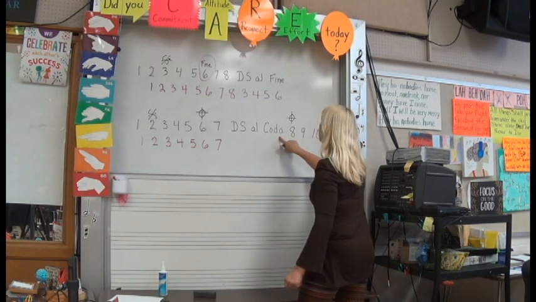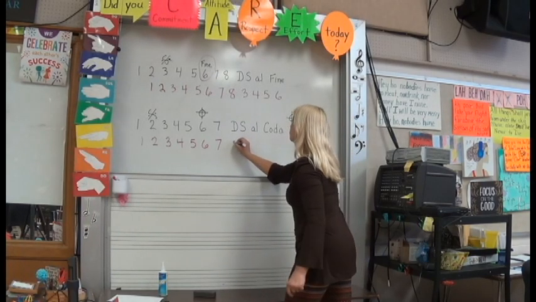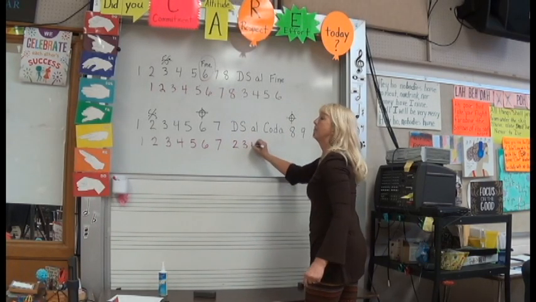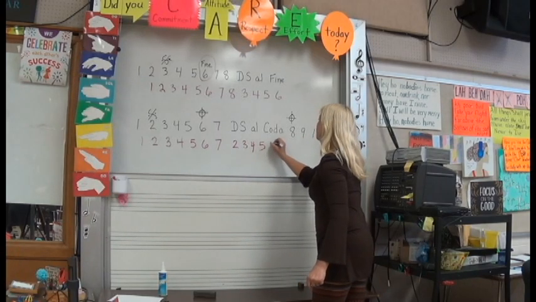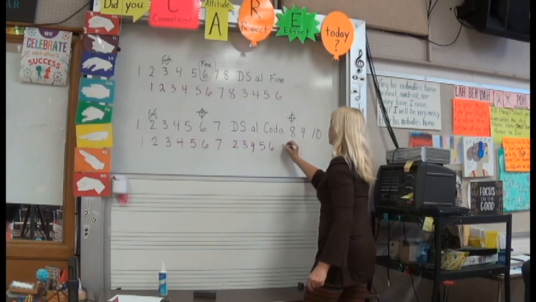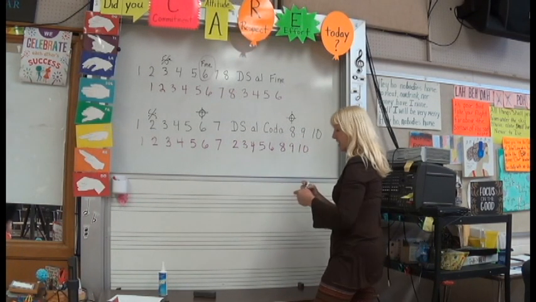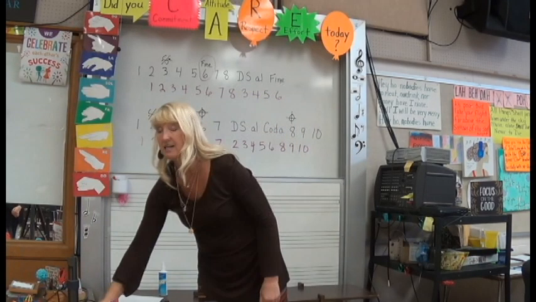What do we do? Go back to the correct sign. 2, 3, 4, 5, 6, and match up the coda signs. 8, 9, 10. Okay? So that's all of the lessons for today.